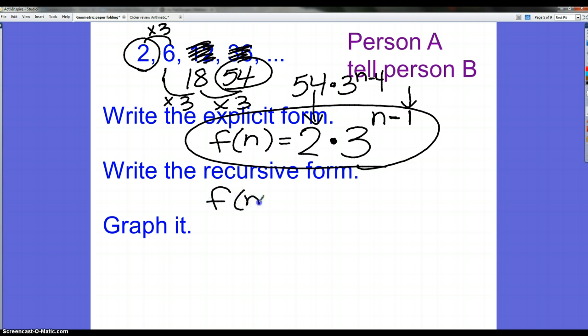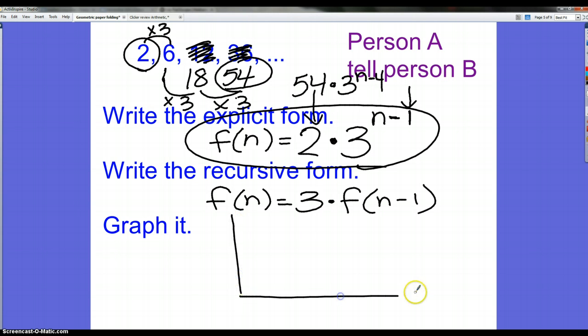Recursive, we got fn equals the number we're timesing by times the previous term gives us the next number, and that's it. If we're going to graph it, we could go by tens, 10, 20, 30, 40, 50. So we'll go 1, 2, 3, 4. We have 4 numbers.